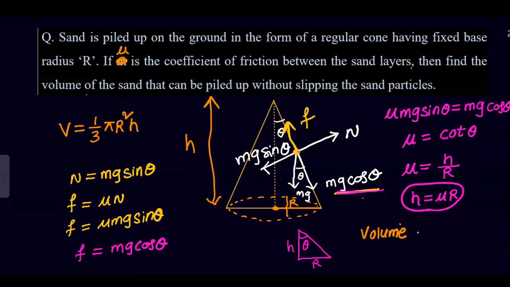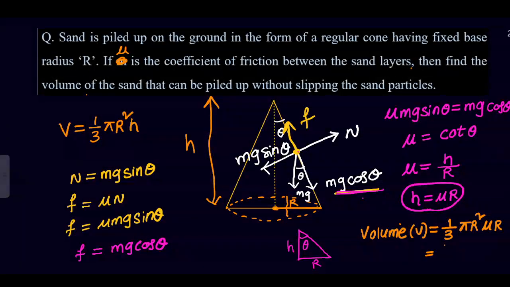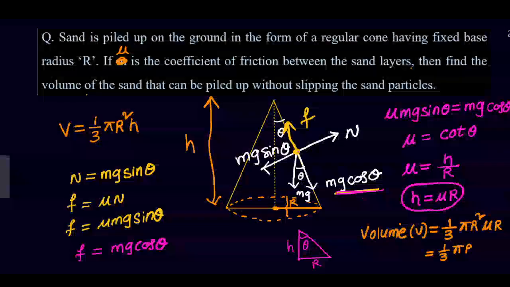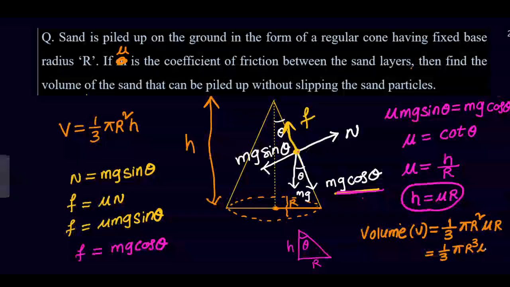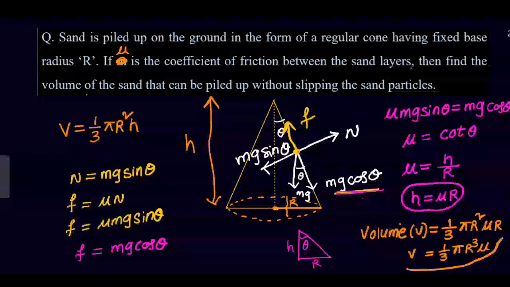The volume V is equal to 1 by 3 pi r square into h. What does h mean? Mu into r. So it will come to be 1 by 3 pi r cube into mu. This is the volume.